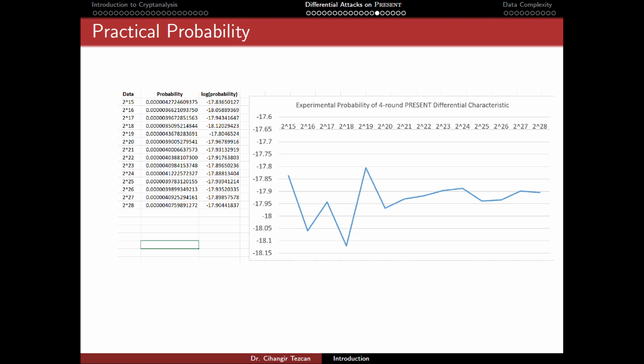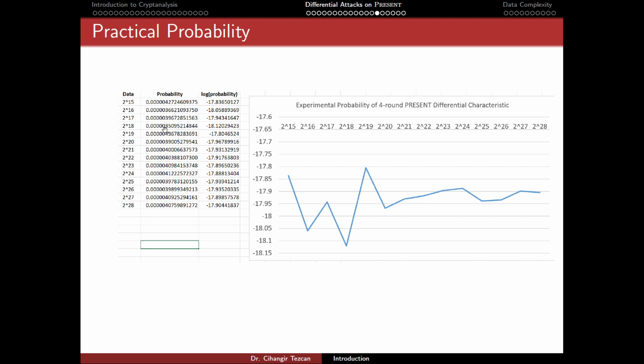You need a supercomputer to perform 2 to the 60 encryption operations for Python code. So just be careful about what you are doing.